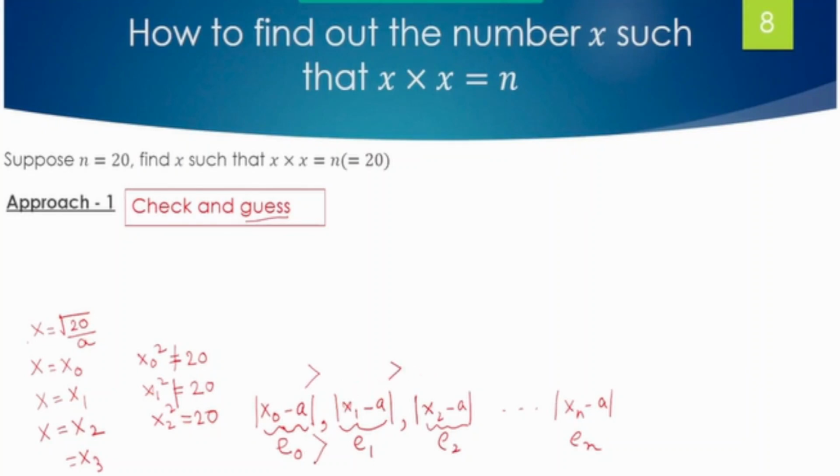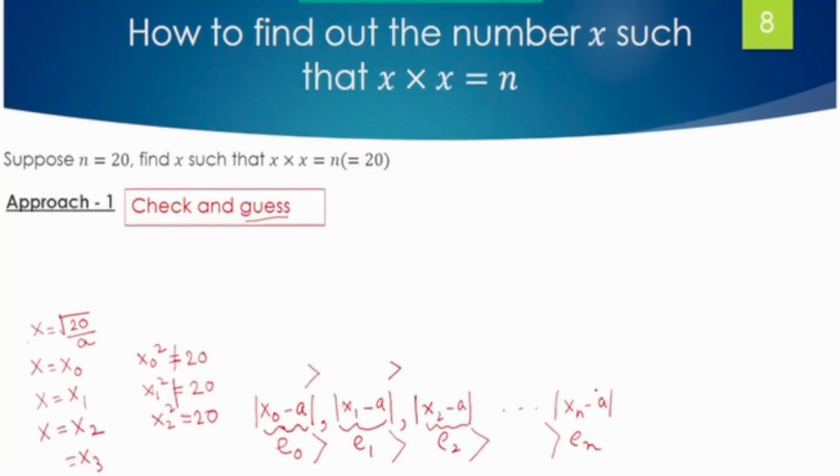That means E0 is greater than E1, E1 is greater than E2, E2 is greater than E3, and En minus 1 is greater than En. What does it mean? This sequence is a monotonically decreasing sequence, right? So if it is a monotonically decreasing sequence, then of course it will converge to the limit 0, because every time it is decreasing.